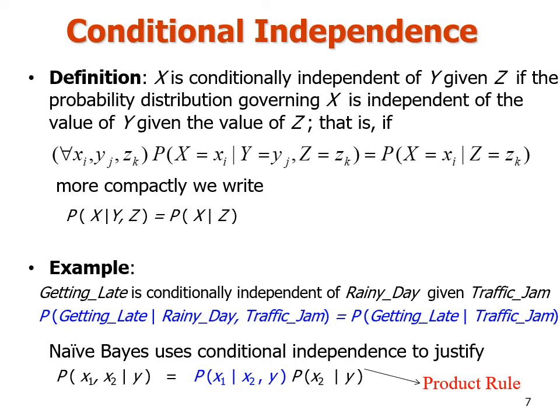Now, as we know, in Naive Bayes classifier we have the assumption that x1 and x2 are conditionally independent. So probability of x1 given x2, y becomes probability of x1 given y. So the expression now becomes probability of x1, x2 given y is equal to the product of probability of x1 given y and probability of x2 given y.